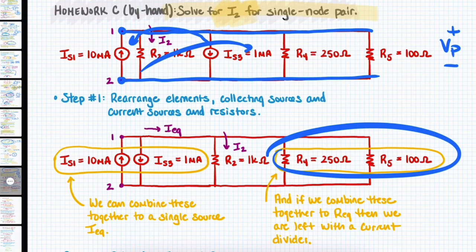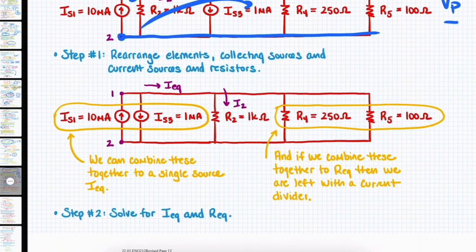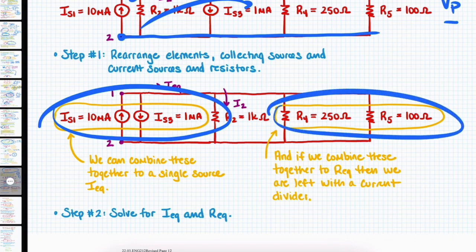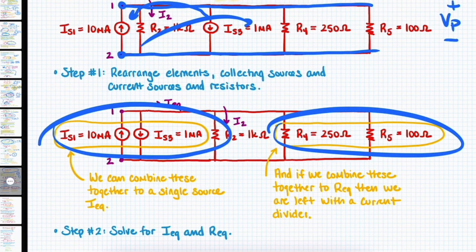So when I rearrange these elements, what we see is that these two will sum in parallel, and these two can be combined in parallel, which then will yield us a simpler circuit, right? We'll have a current source, we'll have our R2, and then we'll have another R equivalent over here.